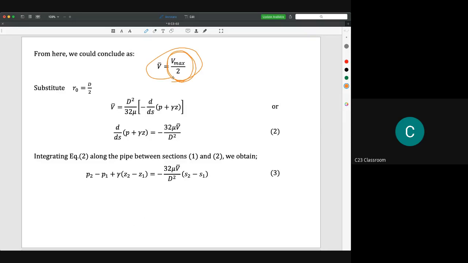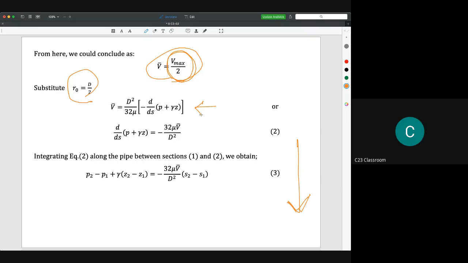Next, this is a discussion where we substitute the value of R equal to diameter divided by 2, so we could get this term. Why? Because we want to prove the equation for losses in pipe, as I said previously about the major loss, minor loss, and so on.